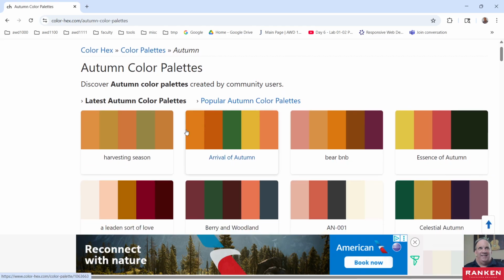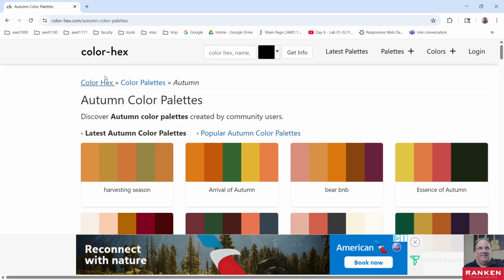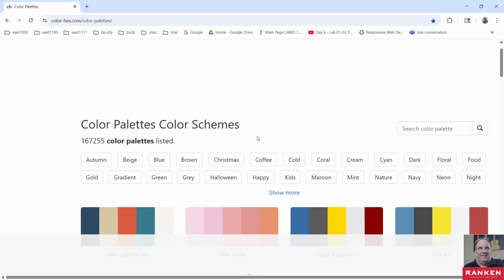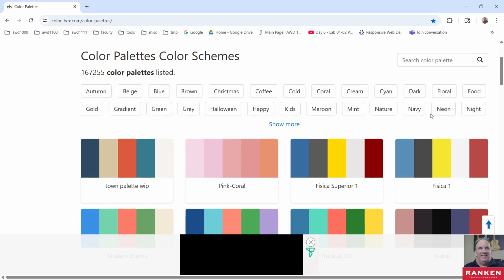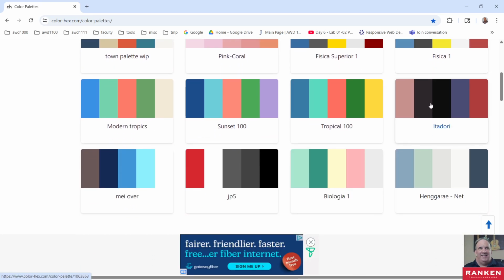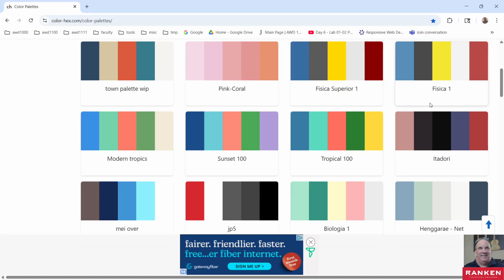It really helps out people like me who don't always know what colors to put together. There's a bunch of different sites, and we'll be using something like this in the future. When we get there, we'll get into this in a little more depth.